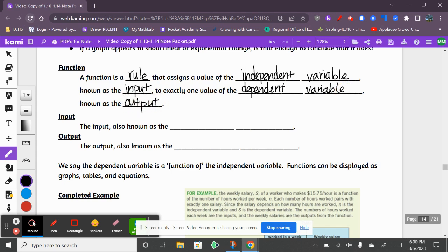The input, again, is also known as the independent variable, and it helps that those ones start with the same letter. And the output is also known as the dependent variable.